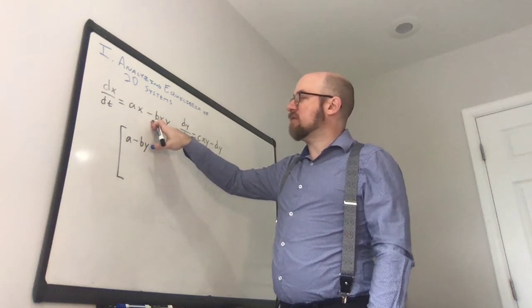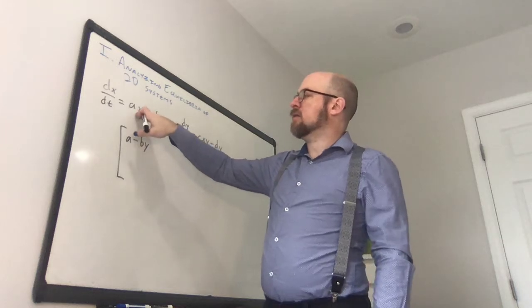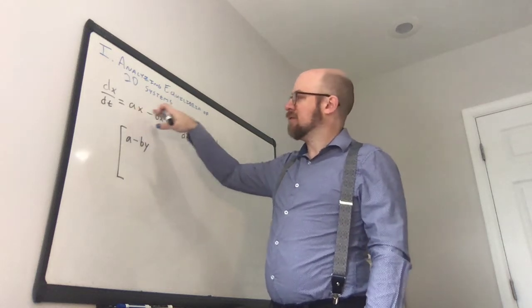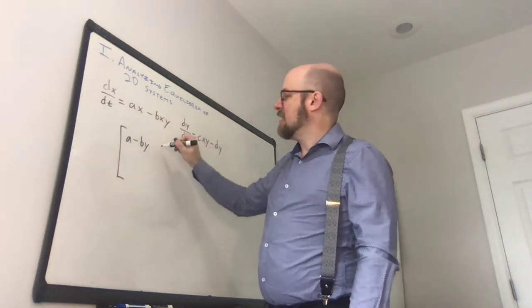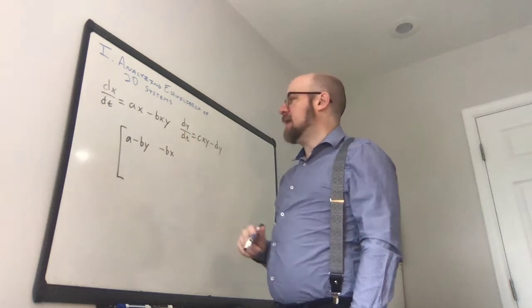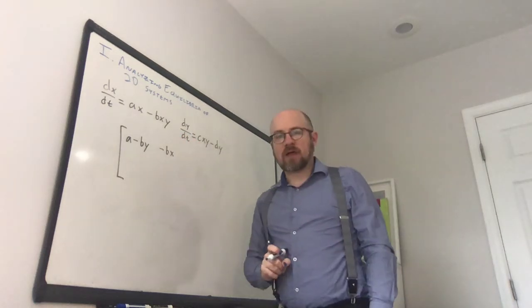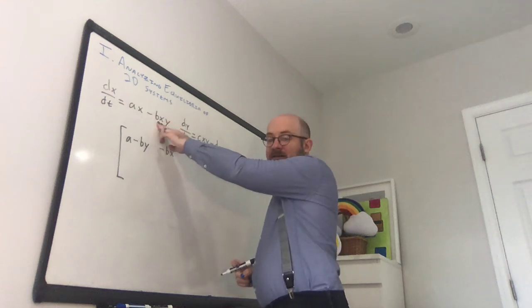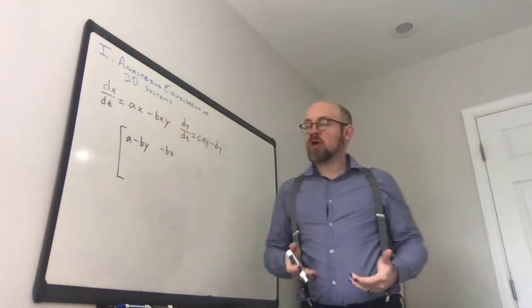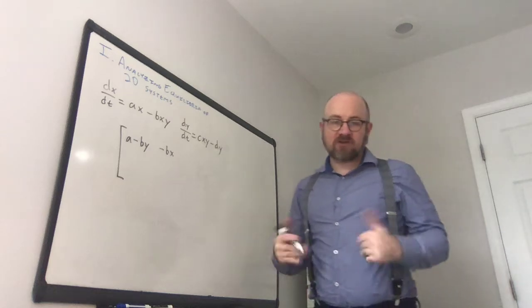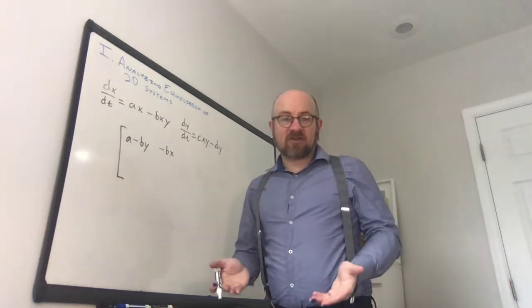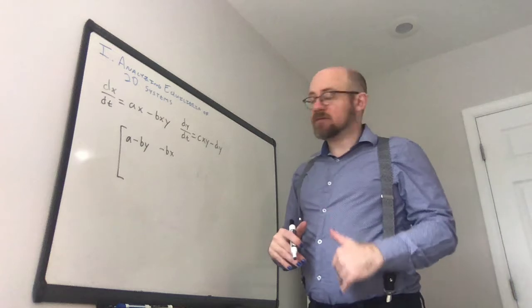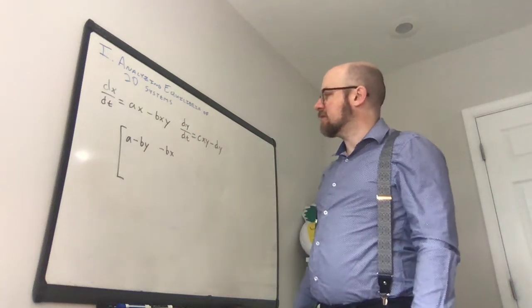If we take the derivative of this with respect to y, the first term gives us 0. The second term gives us negative bx, because y is the only thing that acts as a variable. In the same way that the derivative of 2y would be 2, the derivative of bxy is bx, negative bx, since there's a negative sign there.